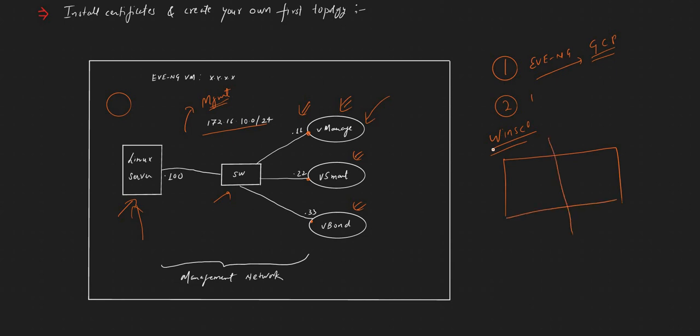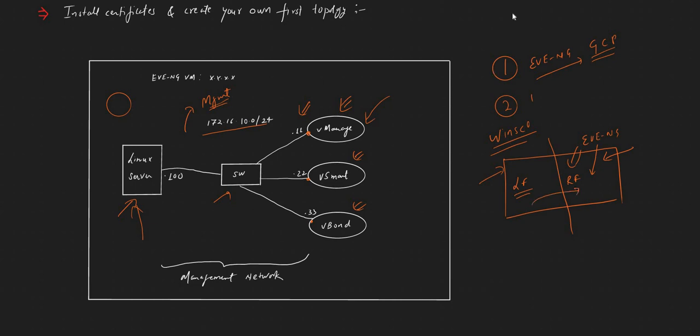It is going to give you two different portions of the window. One is where you can see your local files, and the second part is where you see the remote files. If you are connected to the EVE-NG machine, you are going to see the folder and file structure for this EVE-NG machine here. What you need to do is just copy from here to here, and that is it.